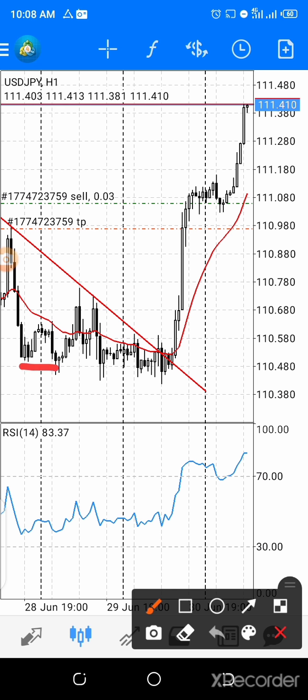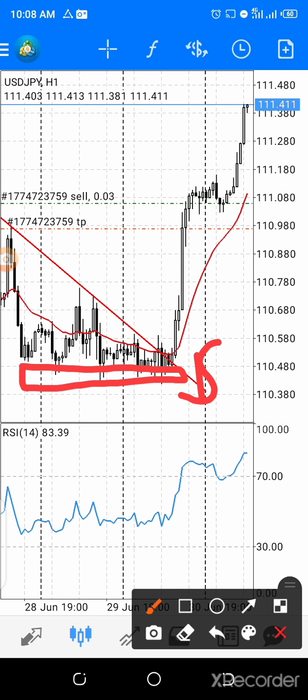If you can remember what I said in my last video about support and resistance. So this was the support in this pair, and this was a point of reversal in this pair, and then a new high. Okay, the trend was broken even at this confluence zone.